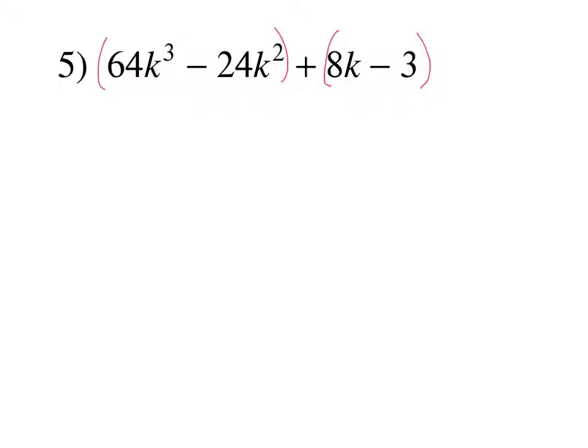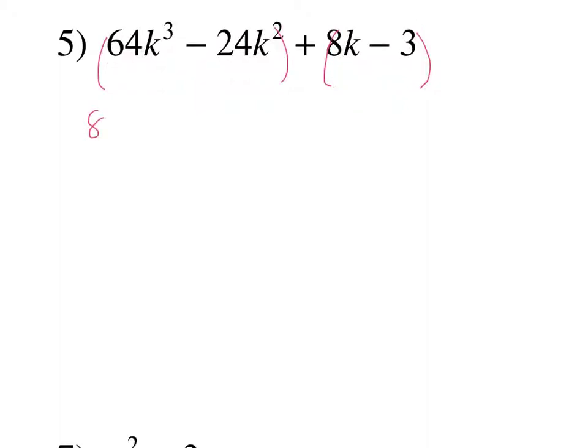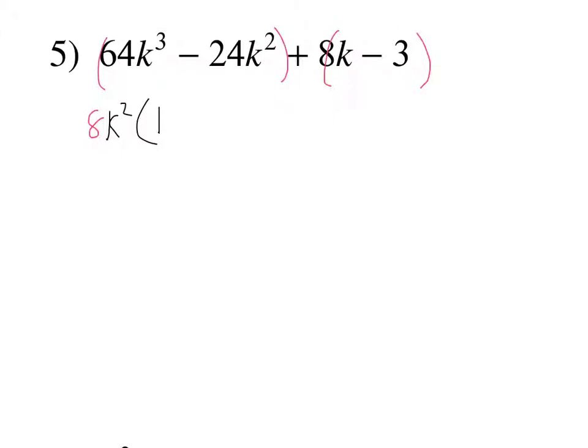Now we've got to look at 64k cubed minus 24k squared. What can be factored out of both? 8k squared. And what do we have left inside? 8k minus 3.